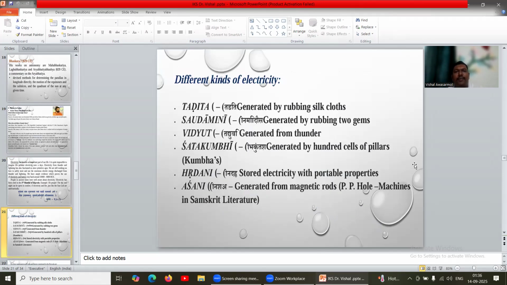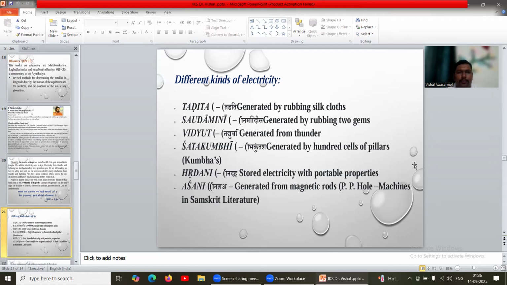Now we see the different kinds of electricity mentioned in some Sanskrit words. Taditi means generated by rubbing silk cloth. Saudamini means generated by rubbing two gems.